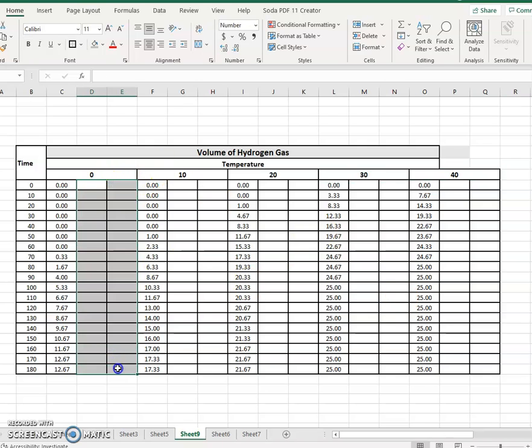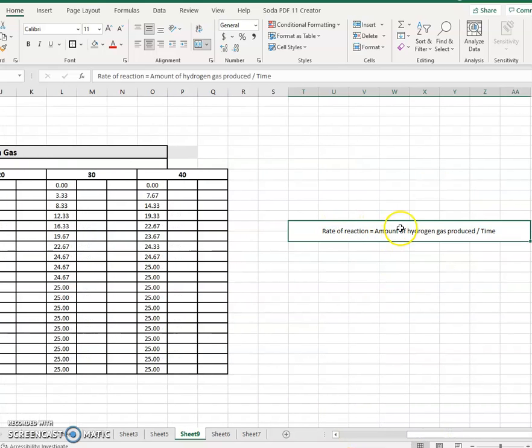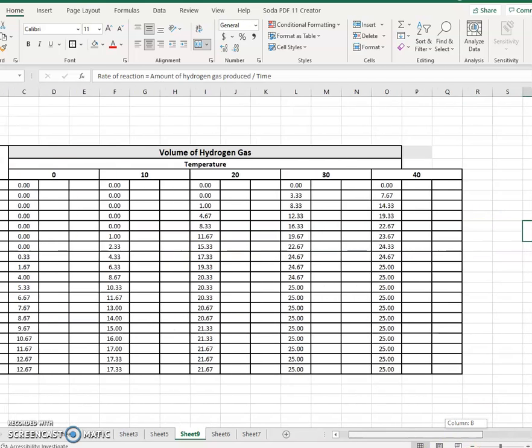Increase this out a little bit so we have some room to play with these values. And remember, the formula is rate of reaction equals amount of hydrogen gas produced divided by the time it took.